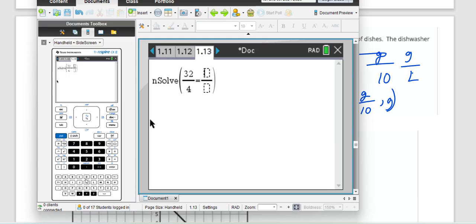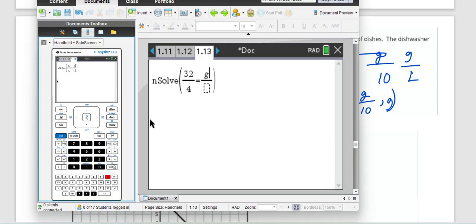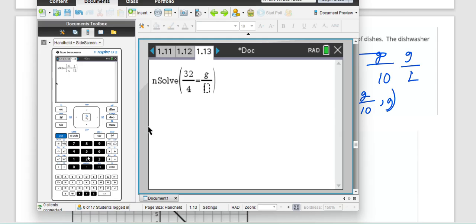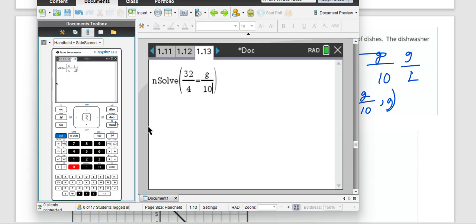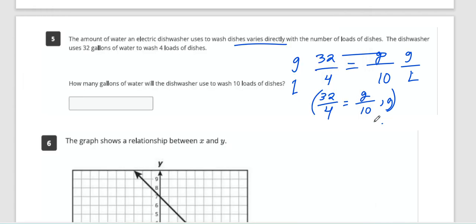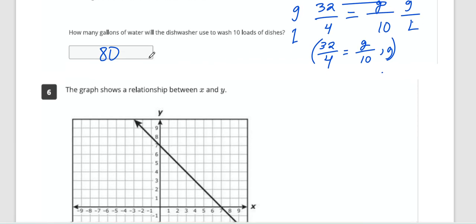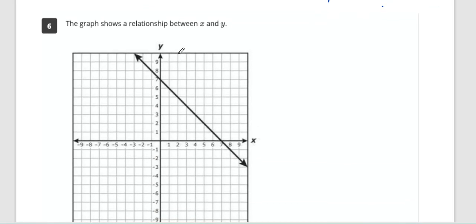And then this would be G over 10. And then comma G. 80. So 80 is the answer. It's going to be a fill in the blank on your own.